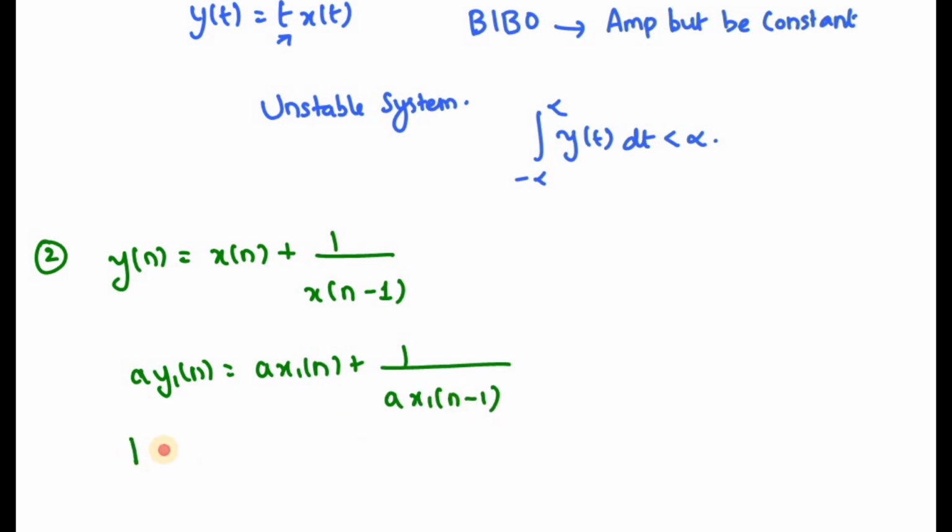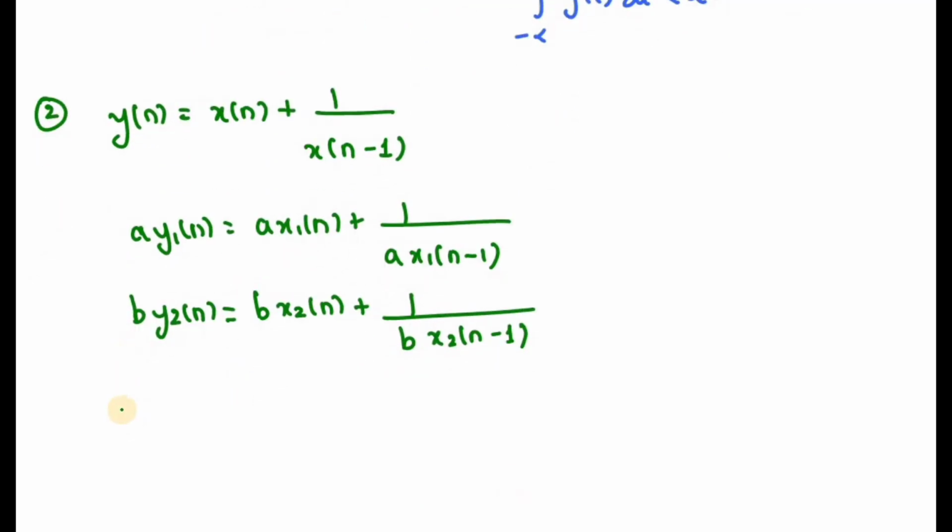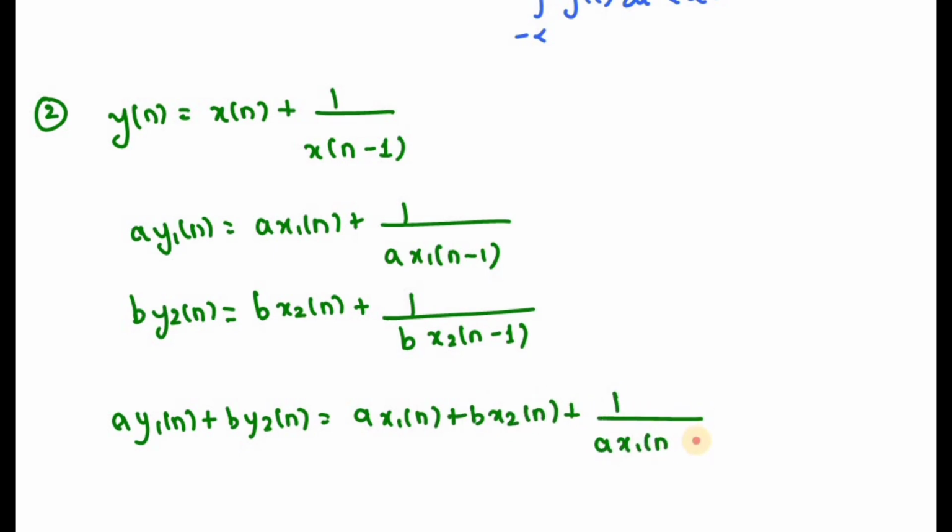Next, b y2 of n is equal to b x2 of n plus 1 divided by b x2 of n minus 1. If we add, you will get a y1 of n plus b y2 of n is equal to a x1 of n plus b x2 of n plus 1 divided by a x1 of n minus 1 plus 1 divided by b x2 of n minus 1.